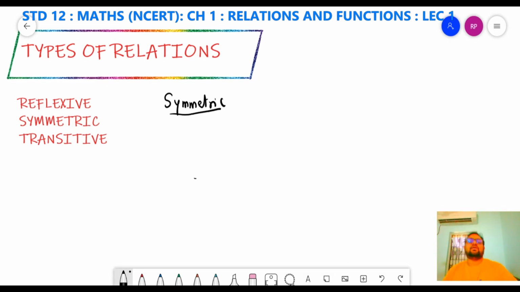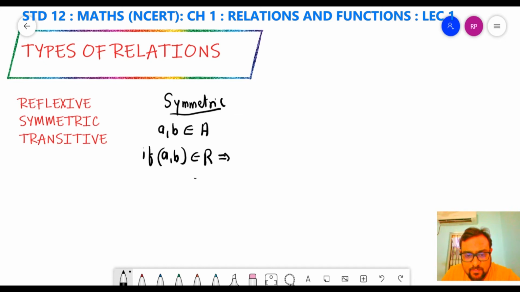Now see here, for any elements, let's say a and b belonging to A, the relation is on set A. So if (a, b) belongs to the relation R, then that must imply that (b, a) also belongs to R. Then it is symmetric.